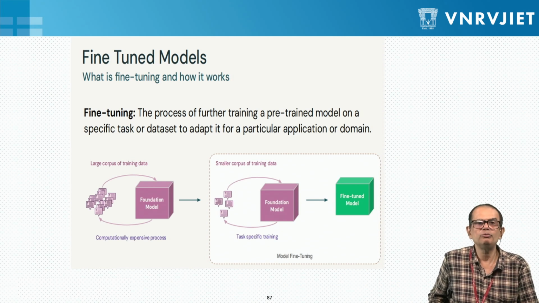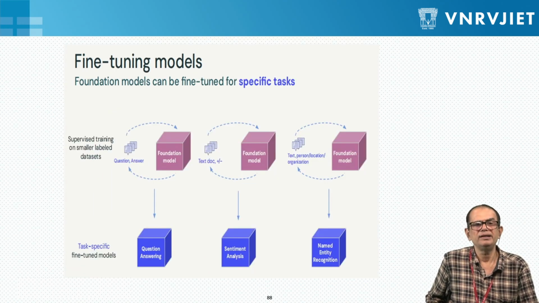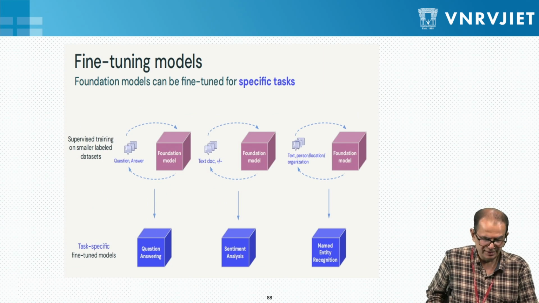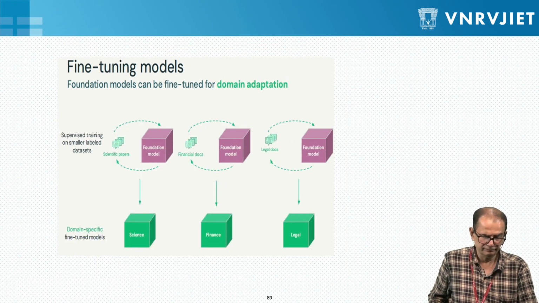If I have to tune my LLM for a specific disease, I take the generic health LLM and give it the data of the country and the specific disease. I give all the parameters, and that is how I fine tune my model. This is the cycle which shows how I fine tune a particular model.